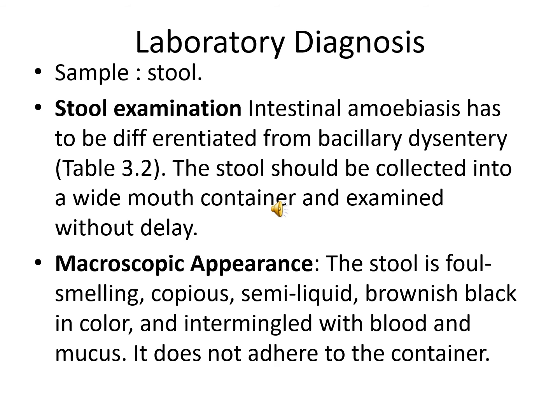Diagnosis. The specimen will be a stool specimen, and first is the macroscopic examination, to differentiate it from bacillary dysentery. The first macroscopic feature is smell: amoebic dysentery has a foul smell, and bacillary dysentery has no foul smell. The stool is semi-liquid, brownish black in color, and intermingled with blood and mucus.